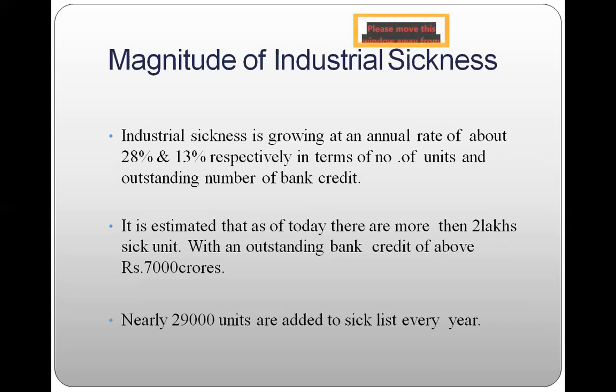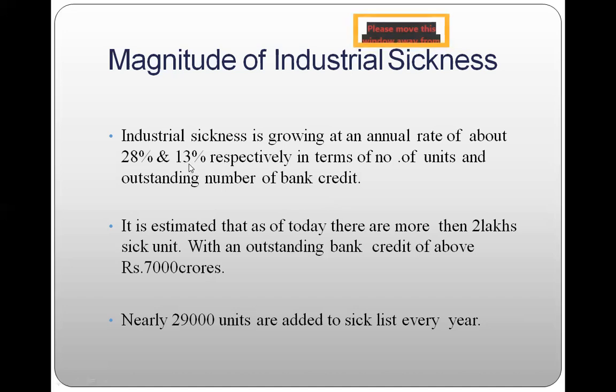Now, what is the magnitude of industrial sickness? At what rate is industrial sickness growing? Industrial sickness is growing at an annual rate of about 28% and 13% respectively in terms of number of units and outstanding bank credits. So the number of units being closed every year is 28%, and the units that have not repaid their bank credit are 13%.